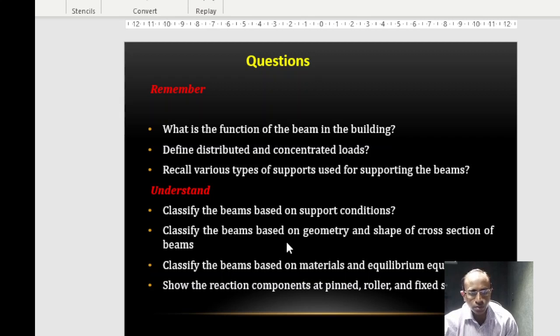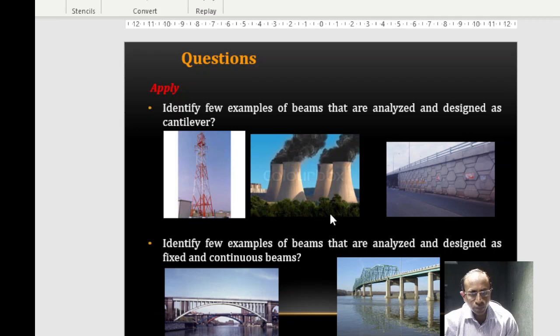Recall the types of supports based on the different conditions we discussed. How are beams classified based on supports and on geometry? How do you represent the support reaction components for the various kinds of supports? And a few examples that are analyzed and designed as cantilever beams or continuous beams.